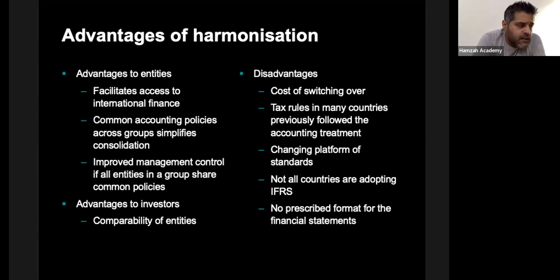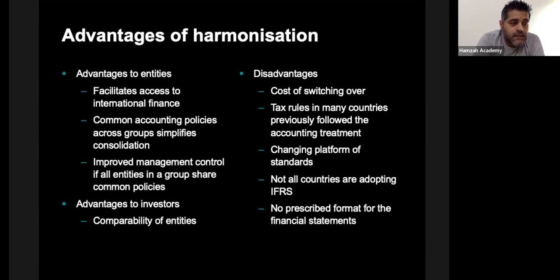The same thing here as well: if the subsidiaries are using different accounting standards or different accounting policies, obviously for the parent company it will be very hard to keep a check and balance on the performance of the subsidiary, because you will have to convert the accounts at first according to your local standards, and then you will have to evaluate them.